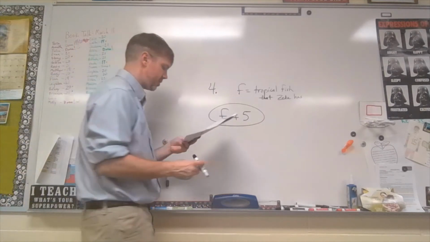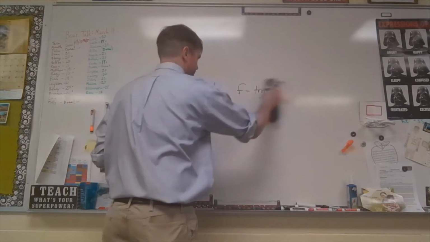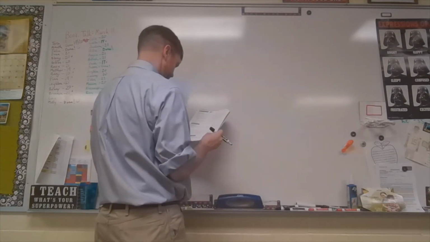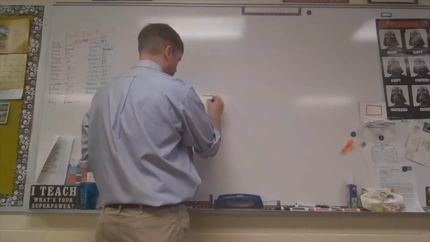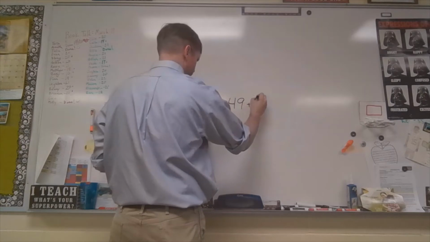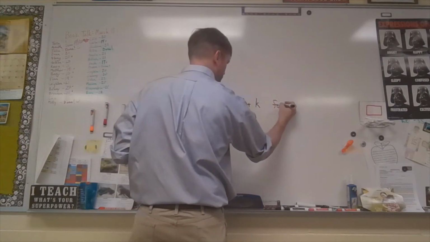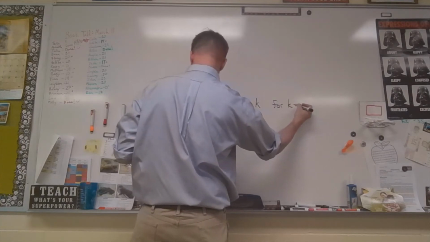All right, let's do number 7 just for fun. Number 7 says 49 plus K for K equals 31.